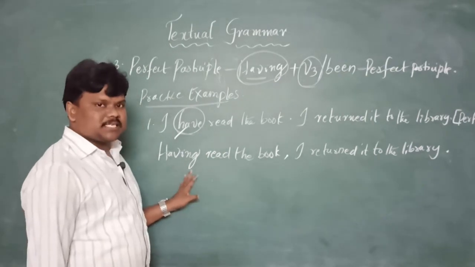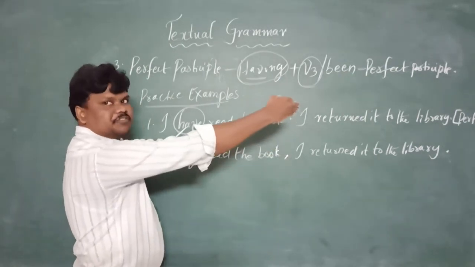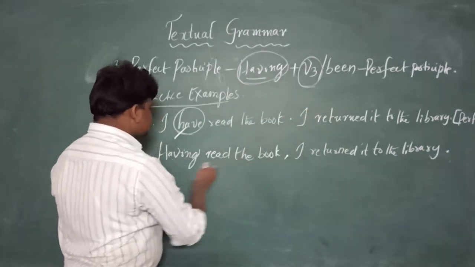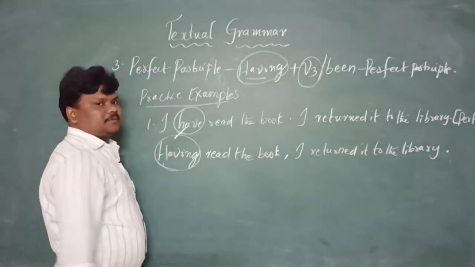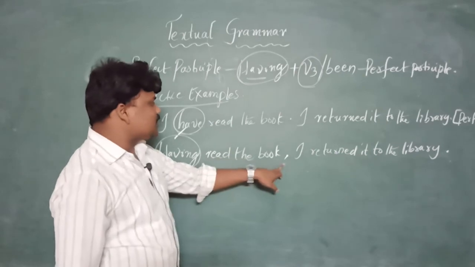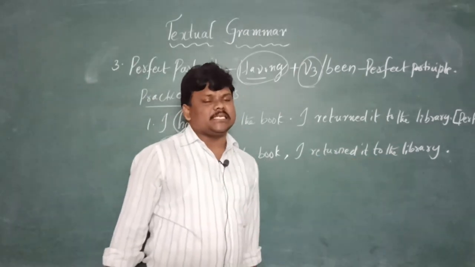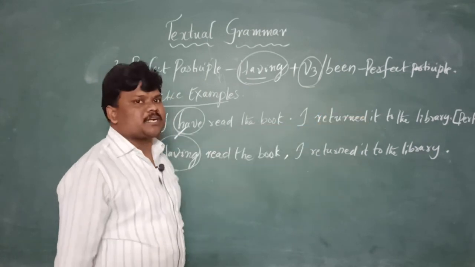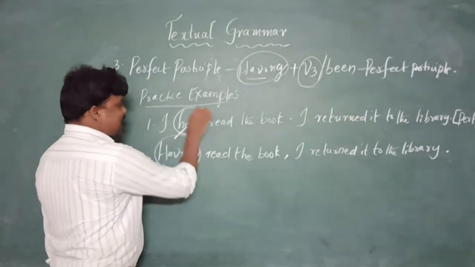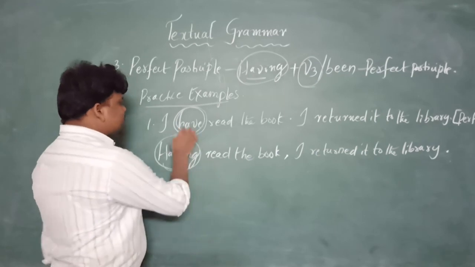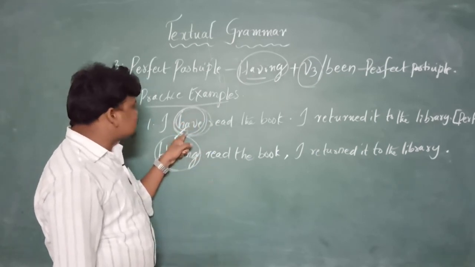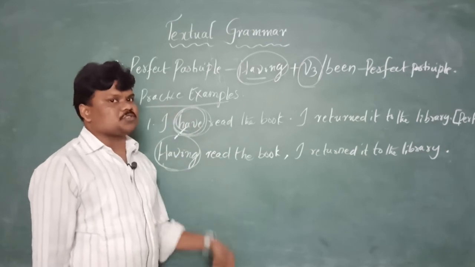Having is compulsory if the instruction was given with perfect participle. Having read the book, comma, I returned it to the library. If there is has, having only. If there is had, having only. If has, have or had is there, this is the situation.